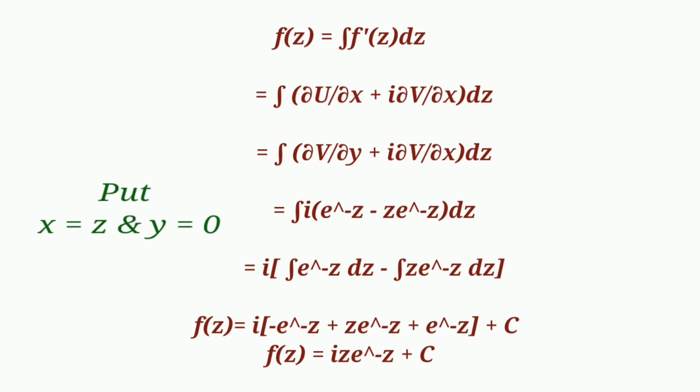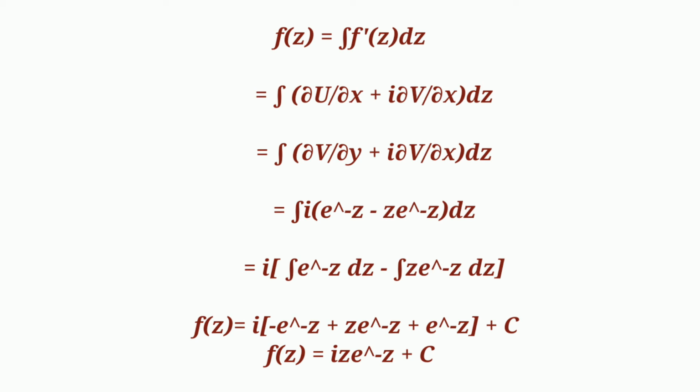When y is 0, sin 0 is 0. So the three terms in ∂v/∂y are 0 when you put y equal to 0. Next, in ∂v/∂x, the first term reduces to e raised to minus z, second term minus z e raised to minus z, third term is 0 since there is y into sin y. When y is 0, that term will be 0.